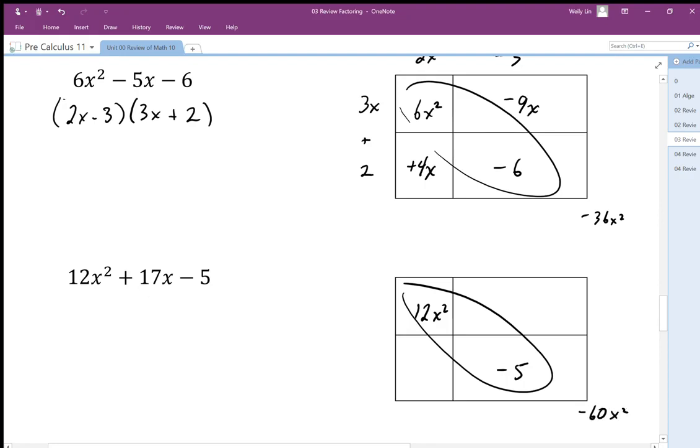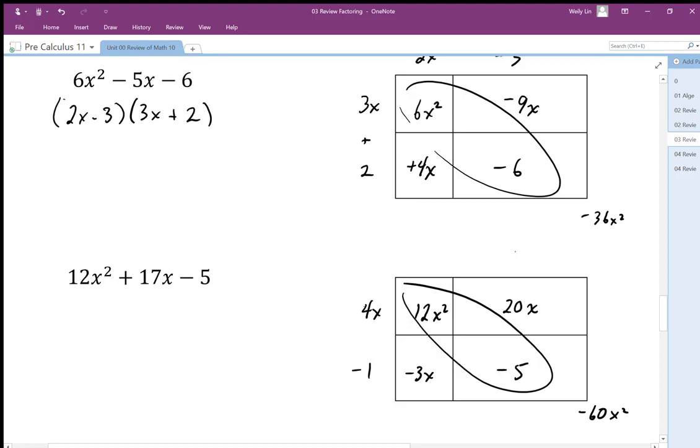I know it has to have a difference of 17x. Well, 20 times 3 is going to give me the positive 17 difference, and the product of negative 60. My common factor here is going to be 4x. This is going to be negative 1.